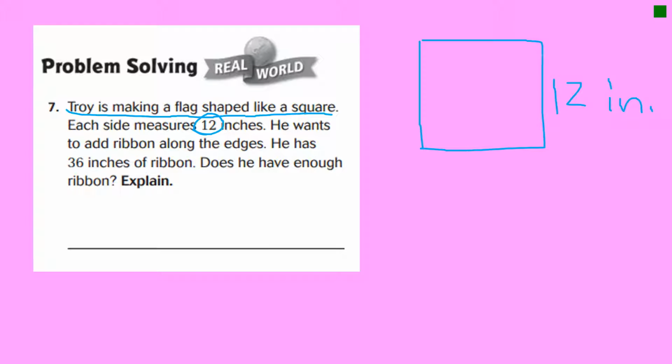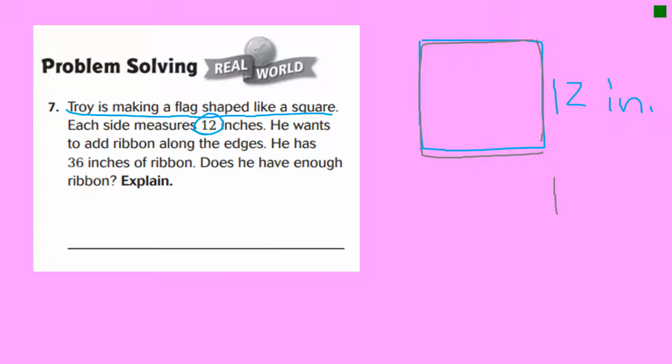All right. So he has 36 inches of ribbon. Does he have enough? Well, let's figure this out. He's going to need 12, 12, 12, and 12.